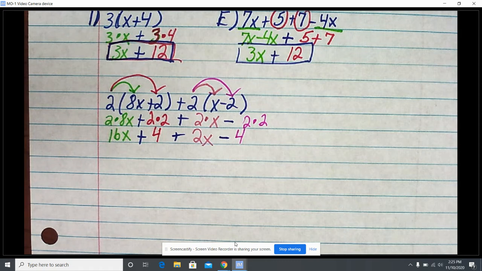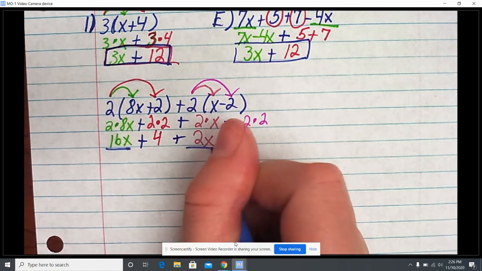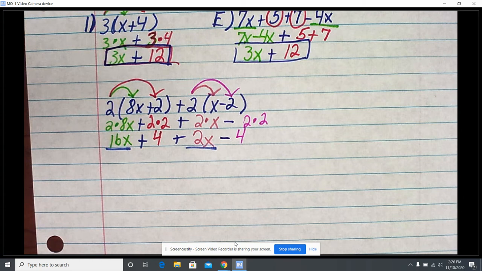Alright, now I'm going to underline, because now we got to simplify this. We have to combine our like terms. So I'm going to underline my terms with x. And then I am going to circle my constants.